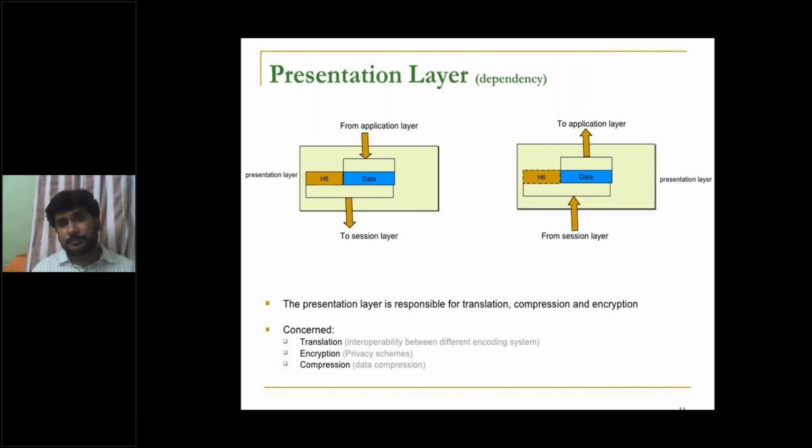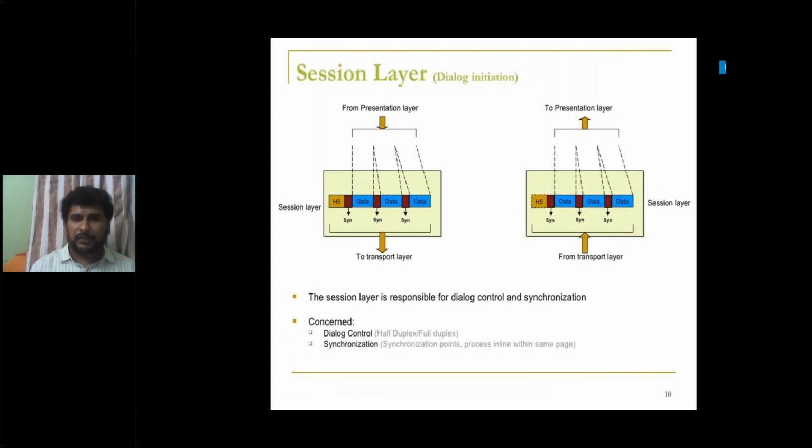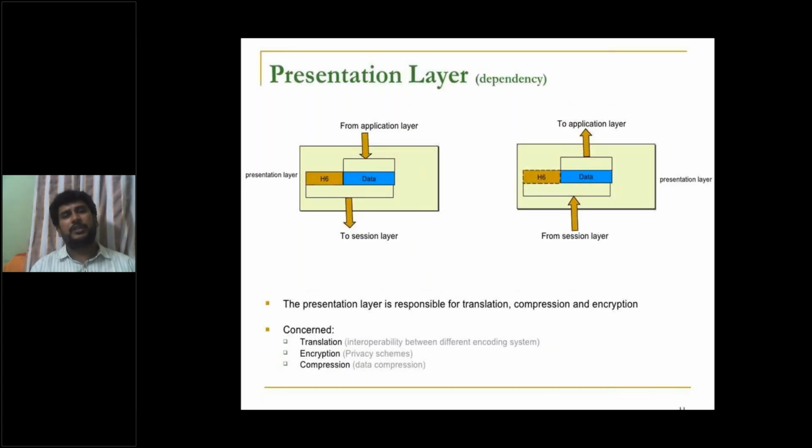Compression is when you have a large bulk size and want to reduce it. And for security purposes, we use a function called encryption. Session is used for dialogue control and synchronization. Presentation is used for encryption, compression, and translation.